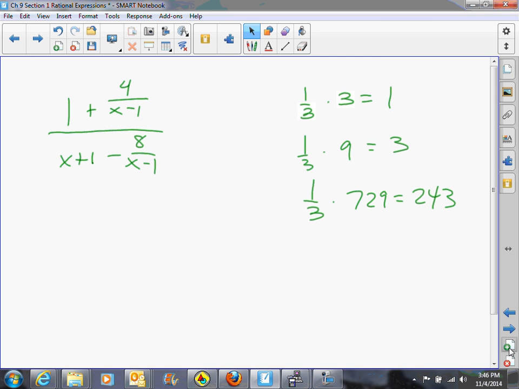Now, we're going to make use of that fact here. The x minus 1 is a denominator in the numerator, and it's a denominator in the denominator. So what I'd like to do is multiply the numerator of this fraction by x minus 1.